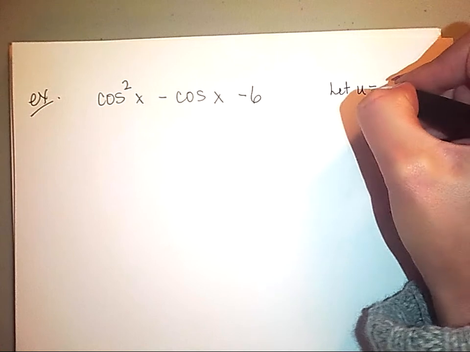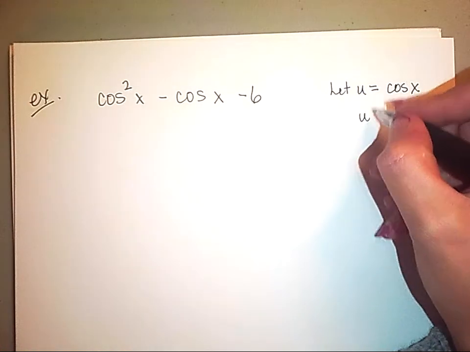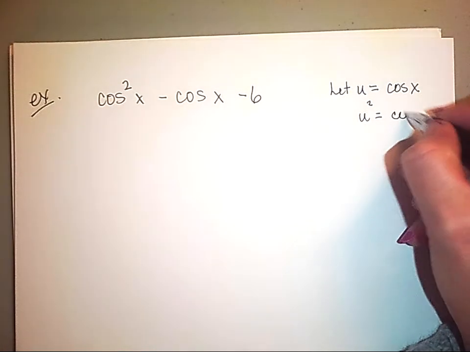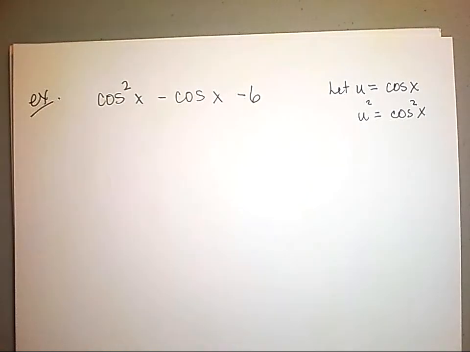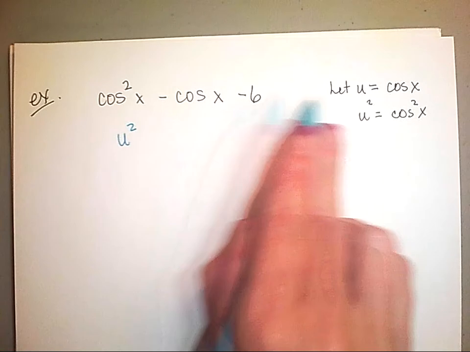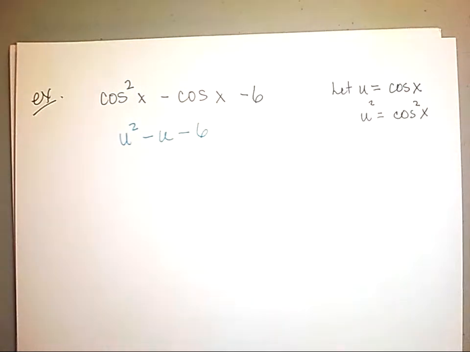If we let u equal the cosine of x, then if we square both sides, u squared is equal to cosine squared of x. So that means this has the form, well, cosine squared is u squared, minus the cosine of x, which is just minus u, and then minus 6.